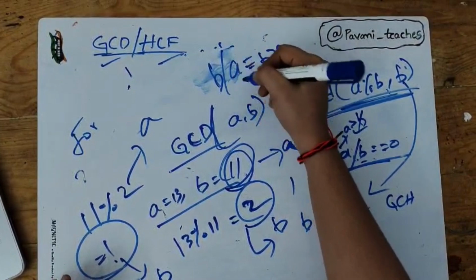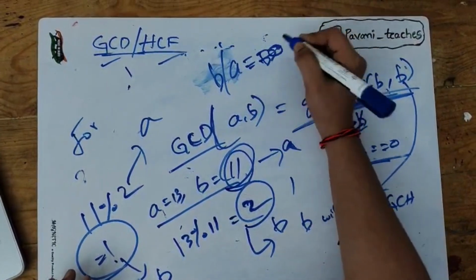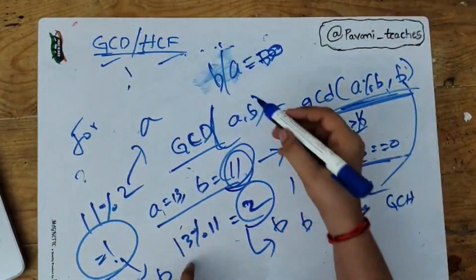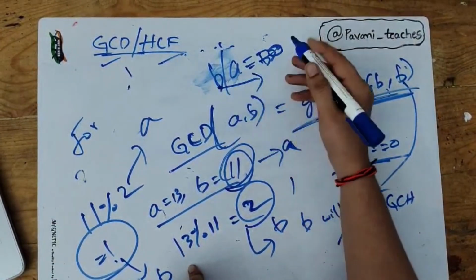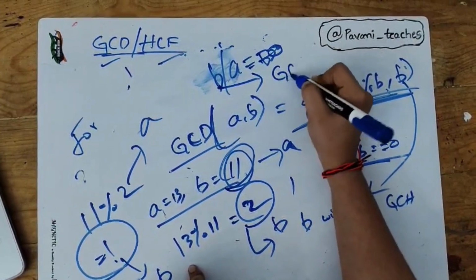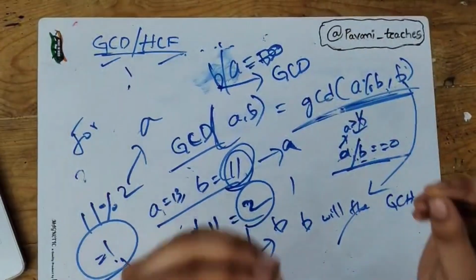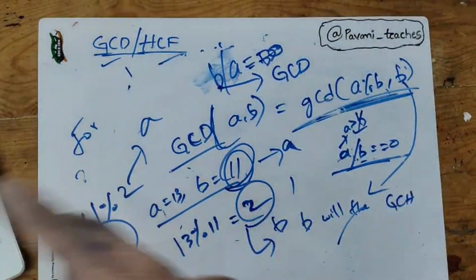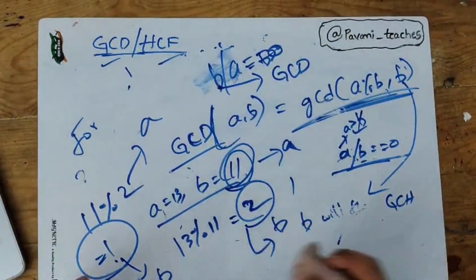If this A modulo B equals 0, we can just stop the process and directly write the B value as GCD. Don't worry, now I'll explain a little better by using code, and also I'll explain the iteration. Just have a look.